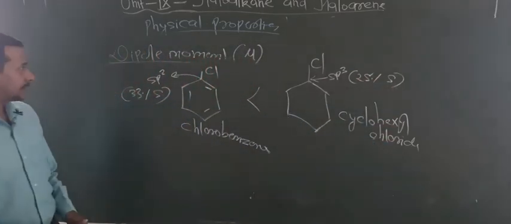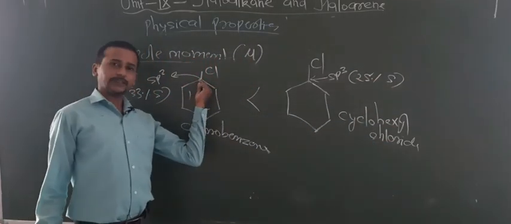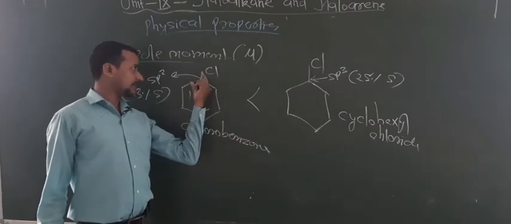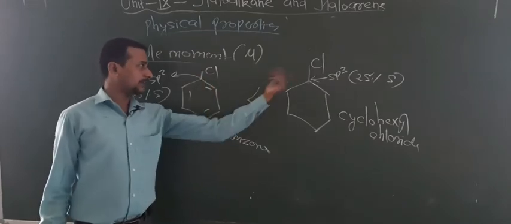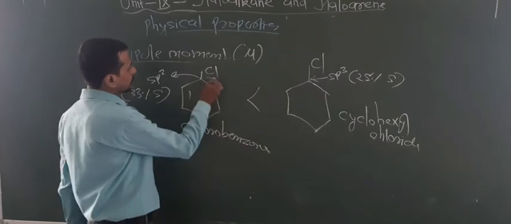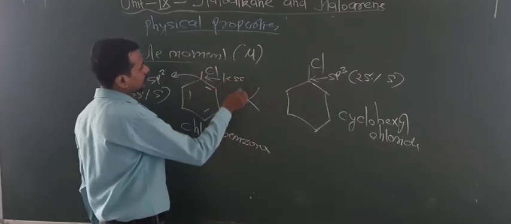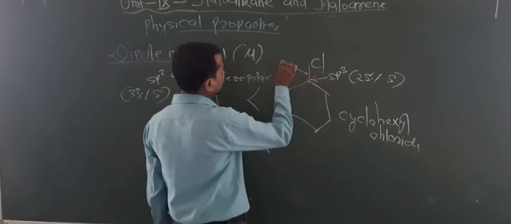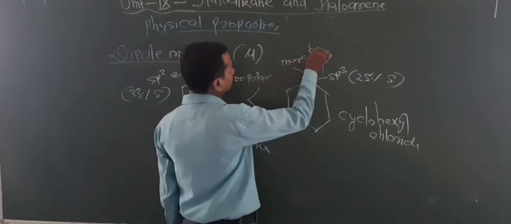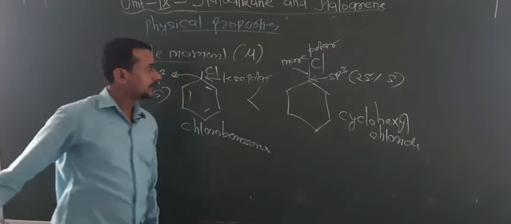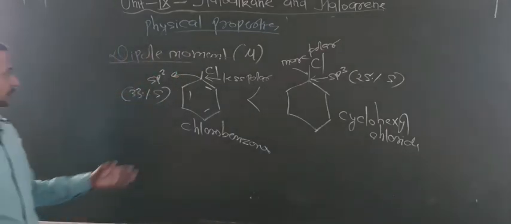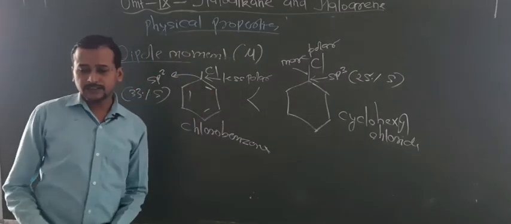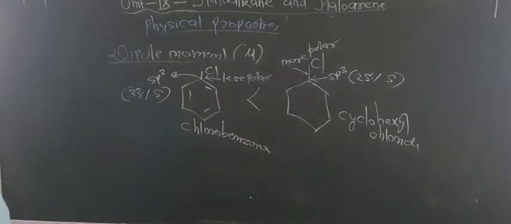So due to more electronegativity due to sp2 character, this bond is less polar than this bond. So this is less polar and this is more polar. So in terms of hybridization, you can also say that chlorobenzene is less polar than cyclohexyl chloride.